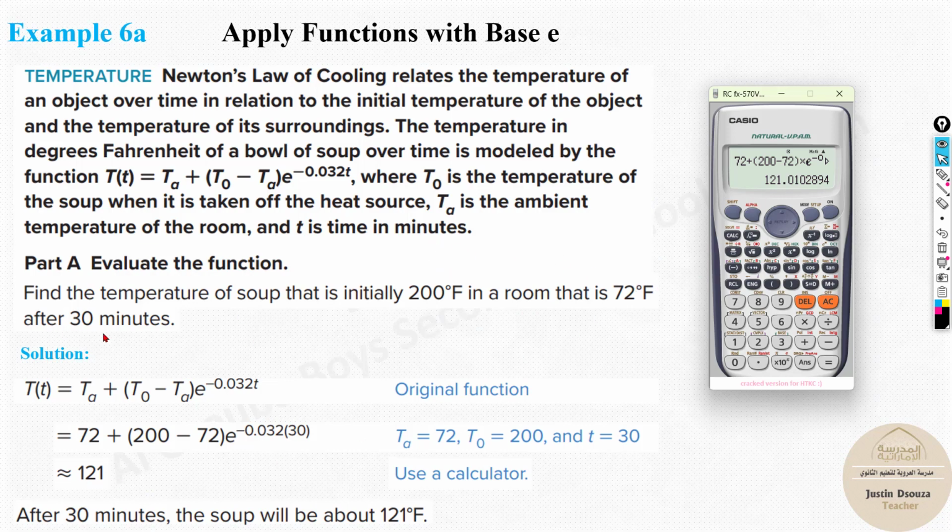And time is after 30 minutes. So the soup is after it is taken from the heat source. Means if you're keeping it on the stove, it is boiling and then you take it from there. No more heat is going on. It was 200 degrees and now you're allowing it to cool down. So there will be a decrease in the temperature in 30 minutes. From 200 it comes down to 121. That is what is happening.